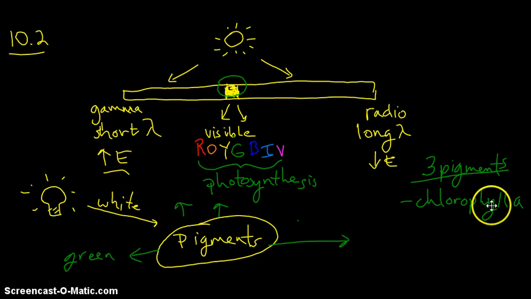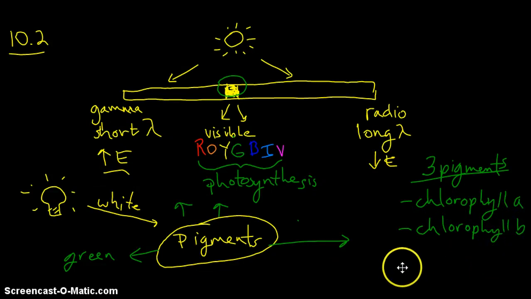So there's a green pigment in leaves labeled as chlorophyll A. There is a very similar molecule referred to as chlorophyll B, and there are a series of accessory pigments referred to as carotenoids, so named because of the carotene in them that gives them a yellowish or orange color.